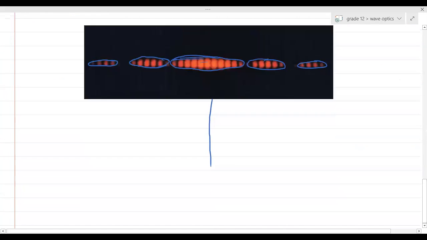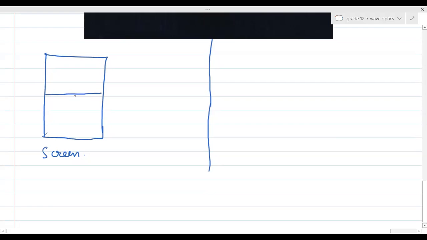Generally, whenever we try to draw intensity graphs for the pattern for diffraction, it looks like this. Suppose this is the screen, then it looks like this, you know? As soon as you go away, this actual curve starts getting curved.